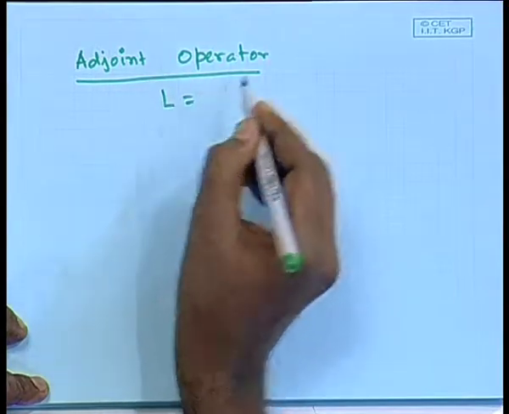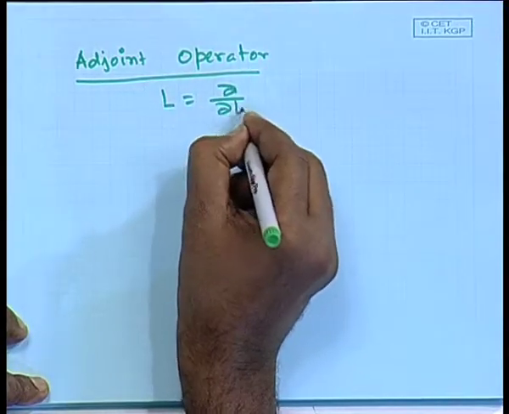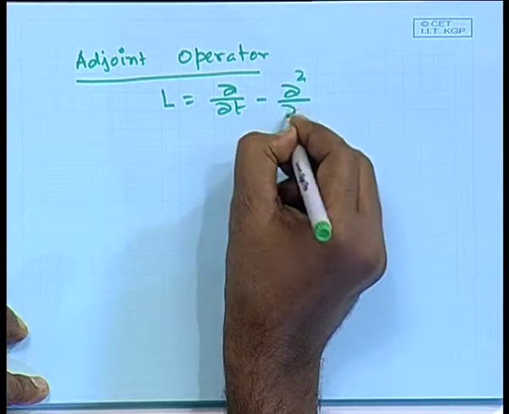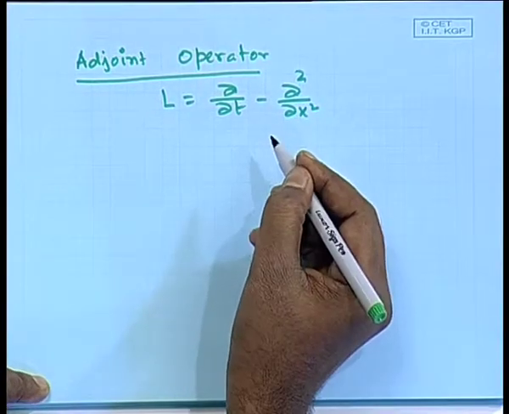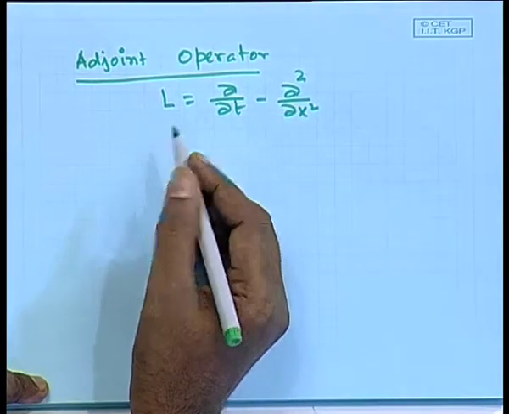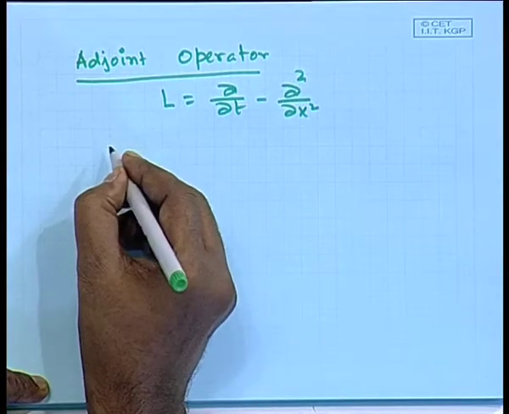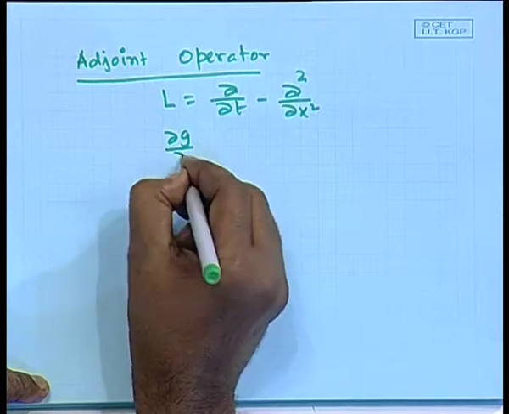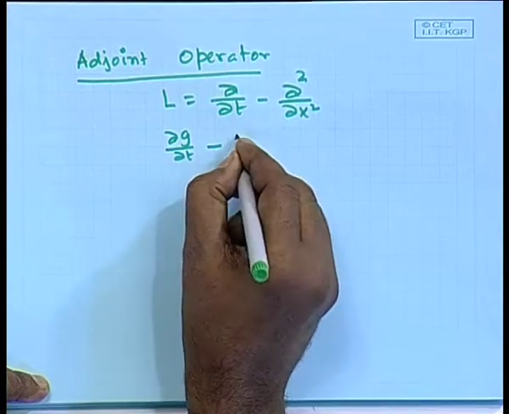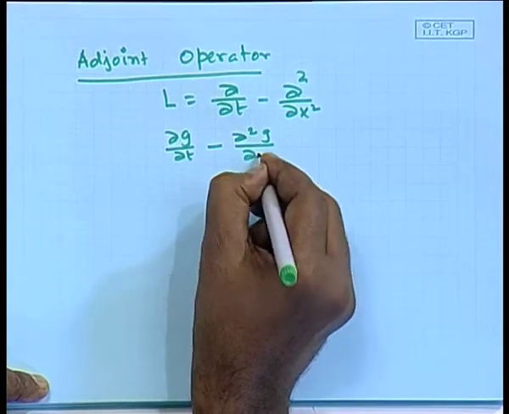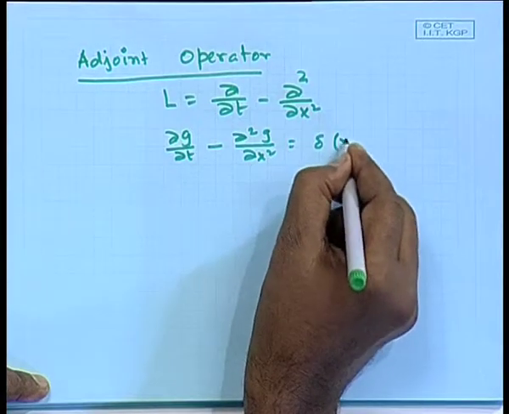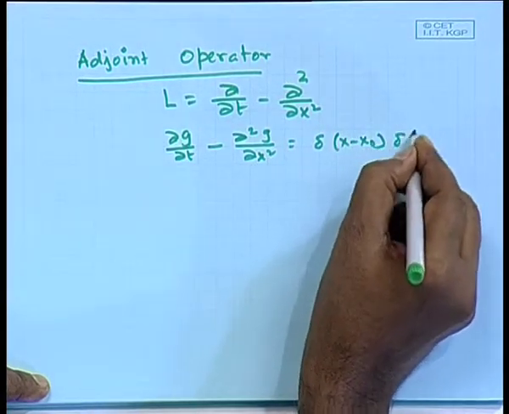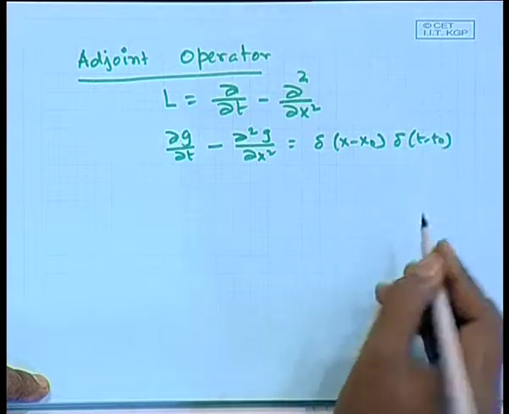Now, our operator L is del t minus del square del x square. Okay. So, that means your corresponding equation for g was del g del t minus del square g del x square equals delta x minus x naught delta t minus t naught.